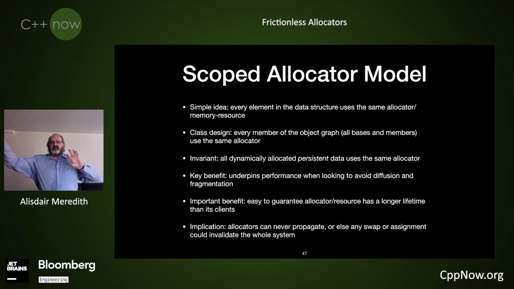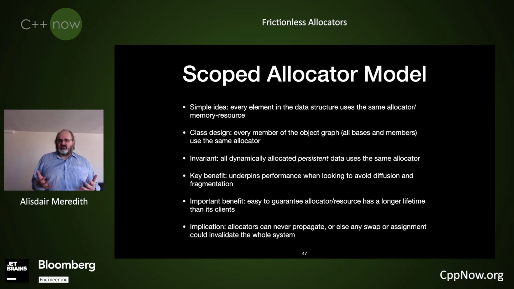We don't want to have different allocators scattered around, and it's also how we guarantee the lifetime. Building on the memory resource and objects beneath, if I've got different allocators throughout the data structure, it becomes much harder to reason about the lifetime of the memory that has been allocated by these different allocators in different parts of the data structure. So it's a very simple model.